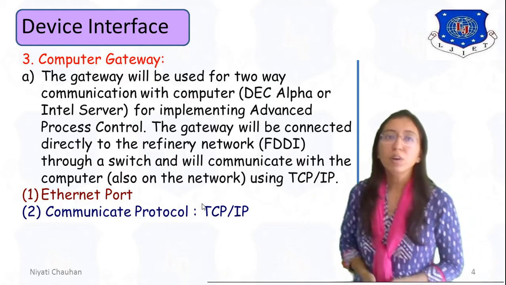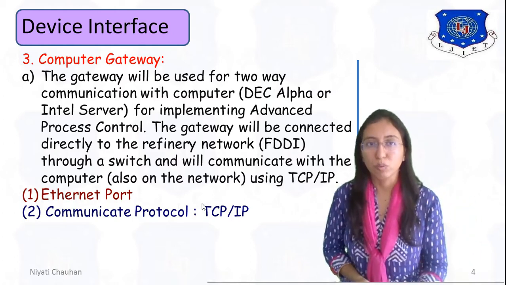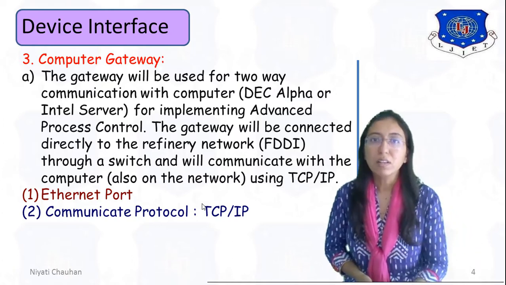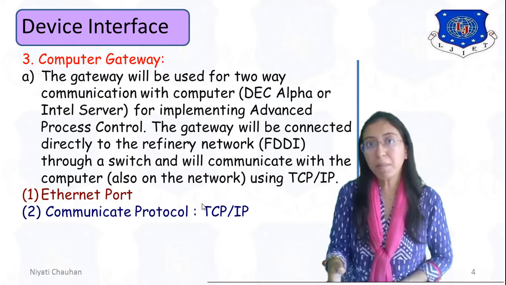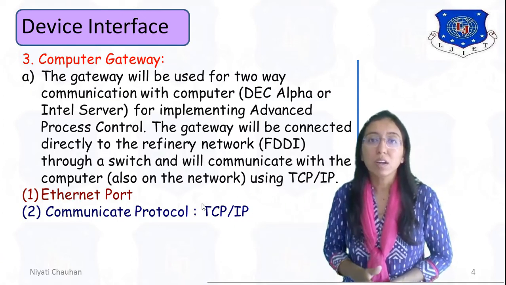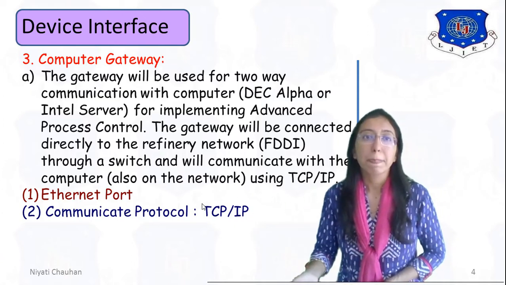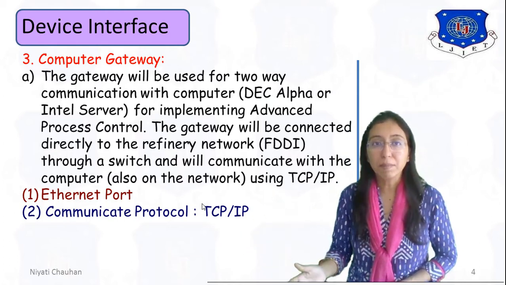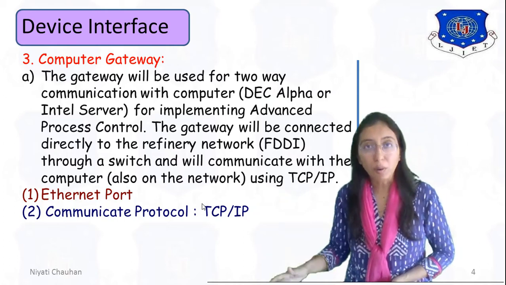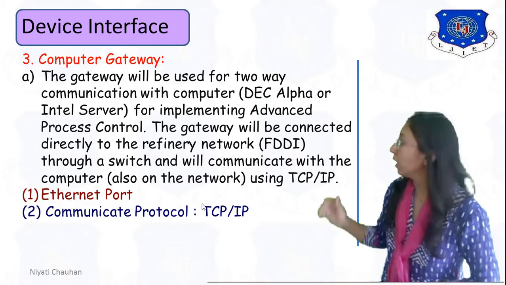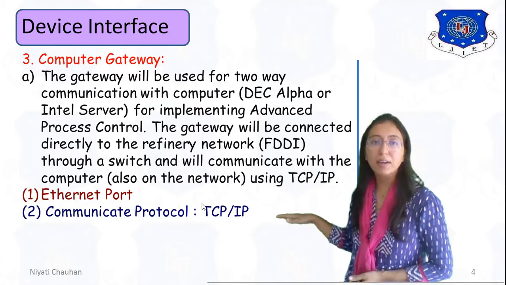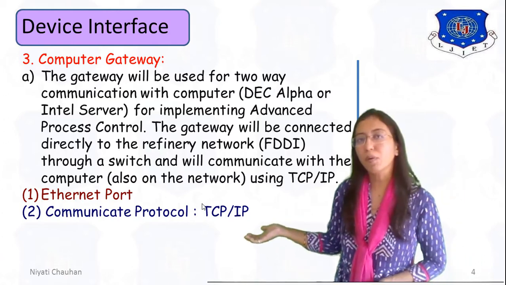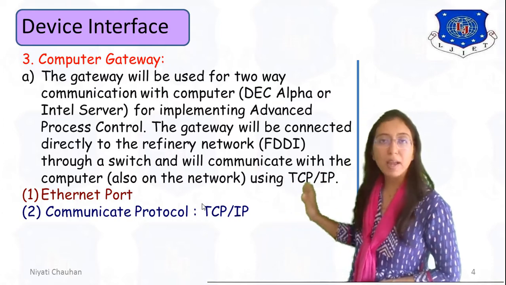Okay, so through the gateway we connect the computer for the communication system, and we can implement advanced process control, right? And here we are using TCP and IP to communicate with the computer. First, Ethernet port, and second, communicate protocol. Okay, so the communicate protocol, that is TCP and IP.